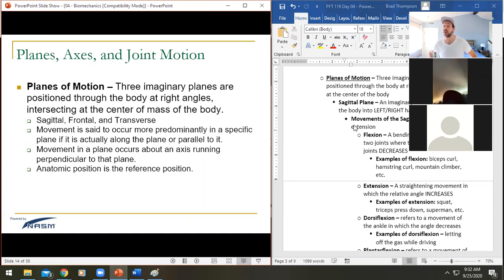Because sometimes, when you think about test questions too, your NASM is going to be multiple choice, right? Generally with multiple choice questions, you have the right answer, an opposite answer, a really close answer, and then usually a random one, or sometimes they'll just throw in another close answer.